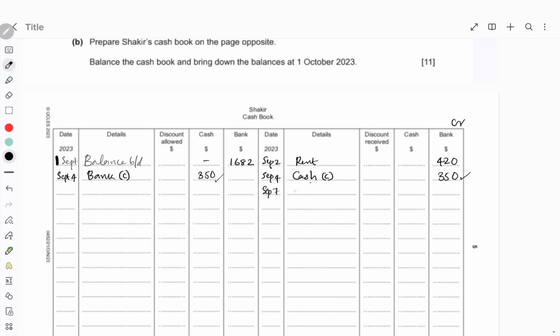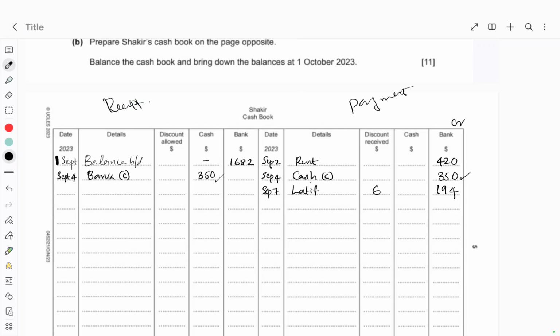Latif, the discount received is 6, isn't it? And the paid amount is 194. So in the settlement account, there will be discounts. All the payments will be in the credit side, all the receipts will be in the debit side of your cash book. But be very careful while writing contra entries.